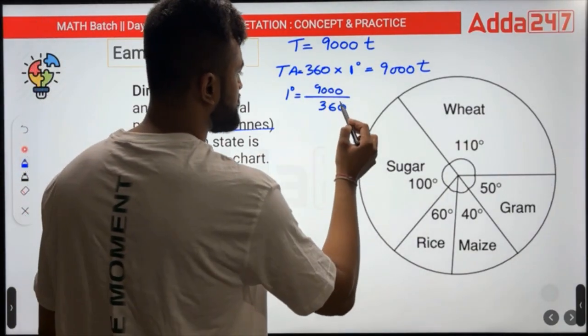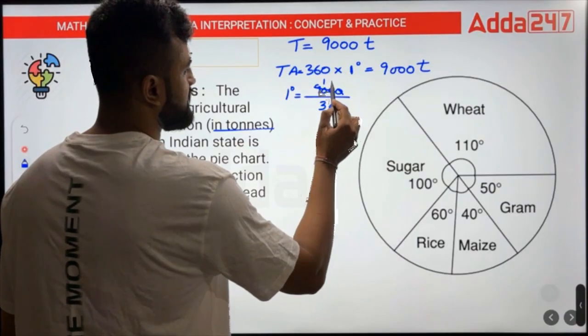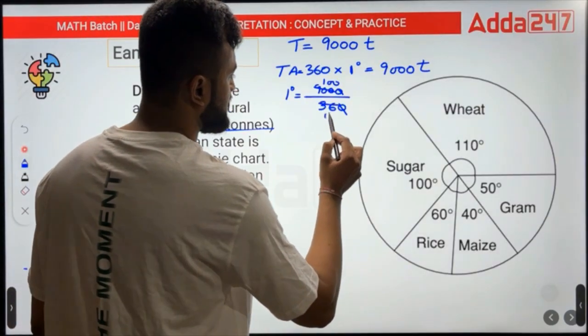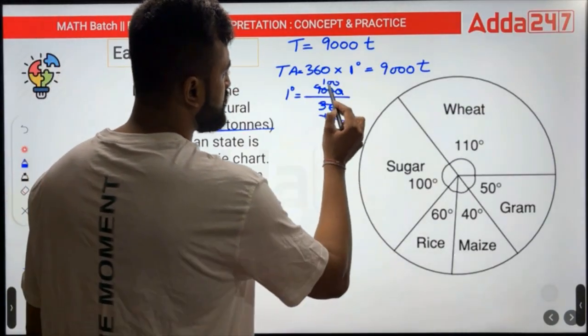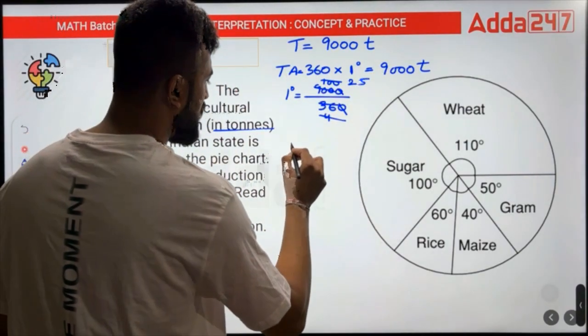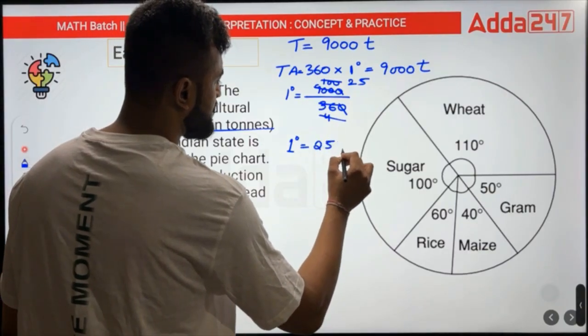Let's cancel the terms. 0 gets cancelled out. 900 by 36: 9 4s are 36 and 4 25s are 100. That means, my friend, 1 degree is equal to 25 ton.